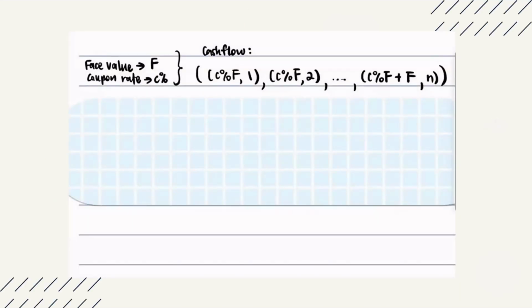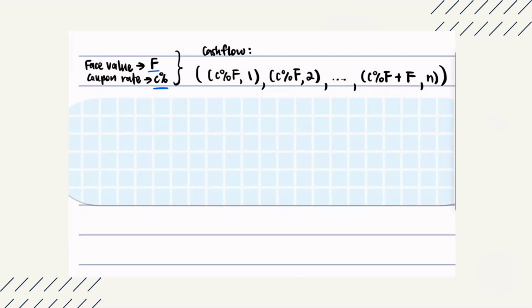Let's see the terminologies in action. Let's say you have a coupon-paying bond with a face value of F and a coupon rate of C%. In that case, your cash flow would look something like this.